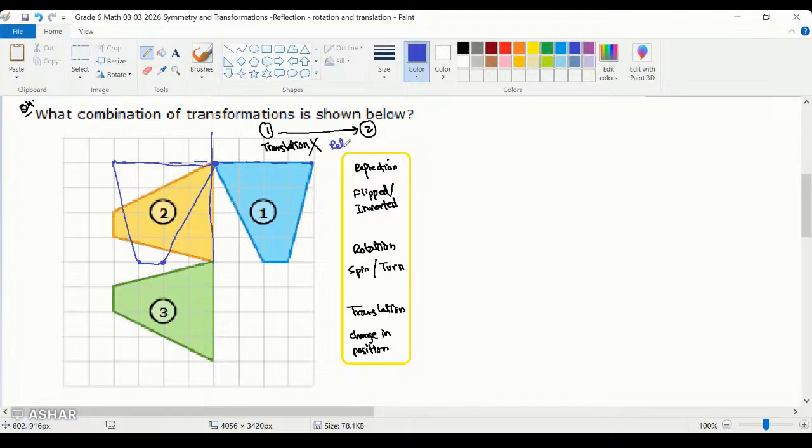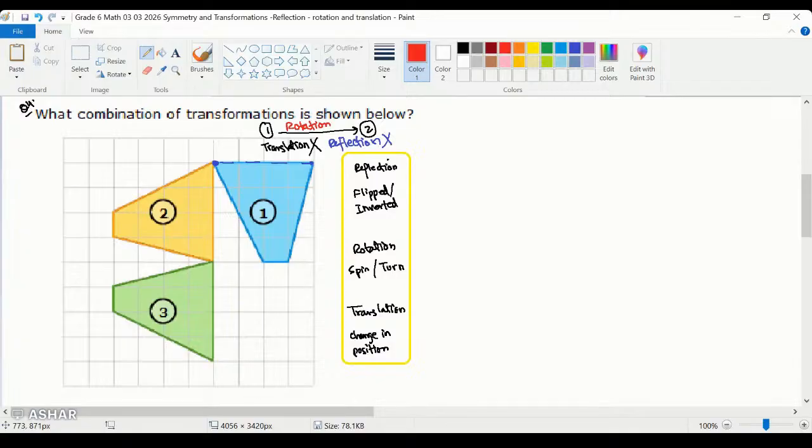So we say reflection is also not possible, right? 1 to 2 is not a reflection because the direction has been changed. Do we agree? So we say that this is also not a reflection. So what is left? This is a rotation.